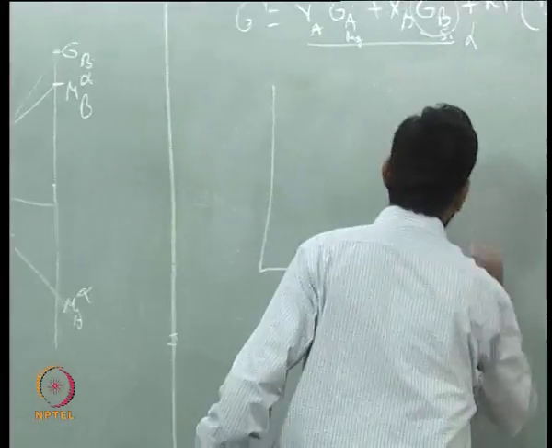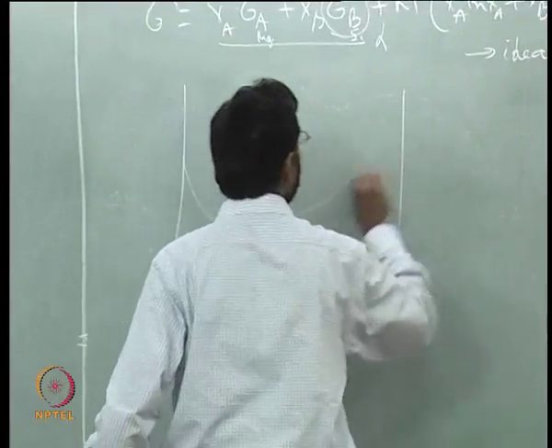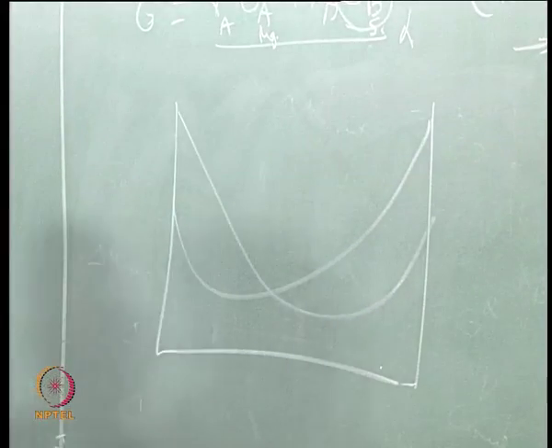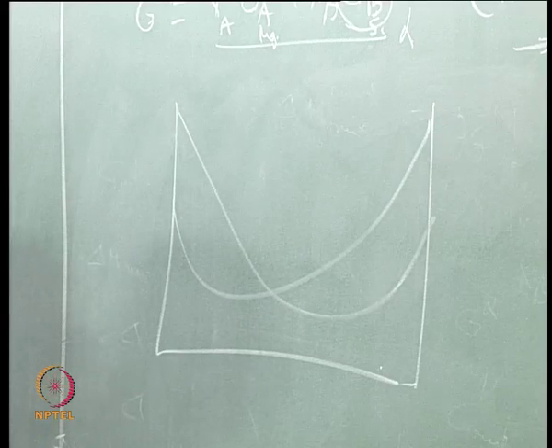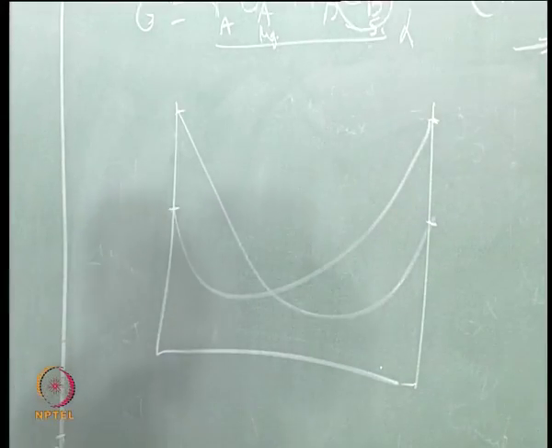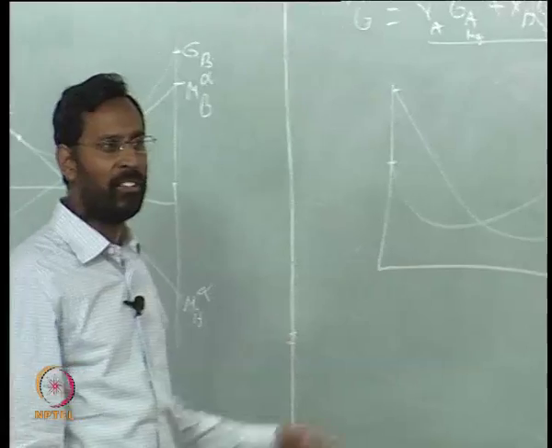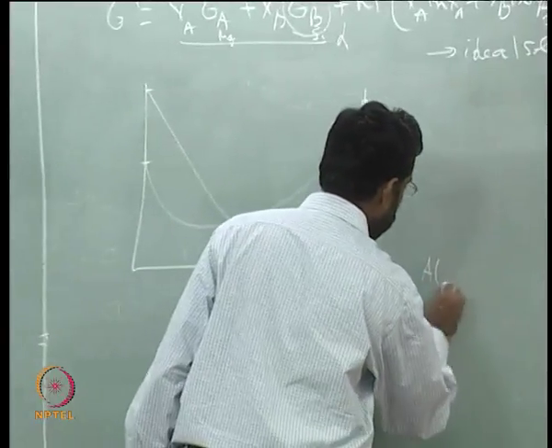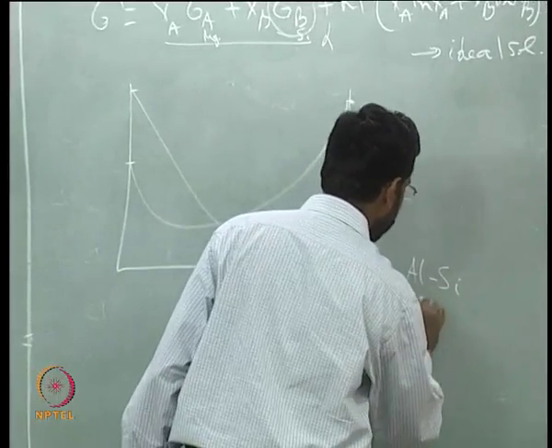For example, if I take two phases, I can always represent two phases with two free energy curves. I am deliberately drawing these points different, because I do not know. And carefully, if you observe now, let us take a system of, let us say, aluminum silicon or magnesium silicon again.